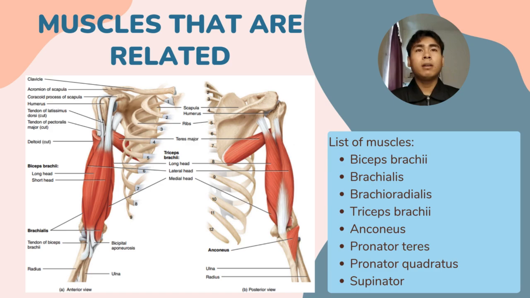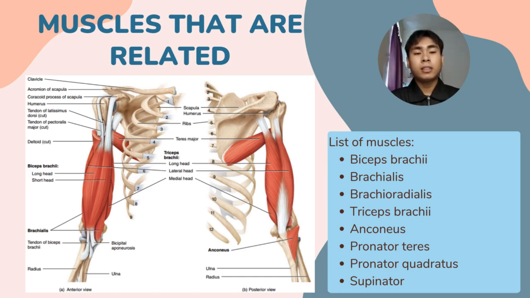Then next is the brachioradialis muscle. This muscle is located at the lateral part of our elbow and extends to almost half of our radius bone. This muscle is categorized as an isolated muscle because it is in a deep position compared to other muscles.